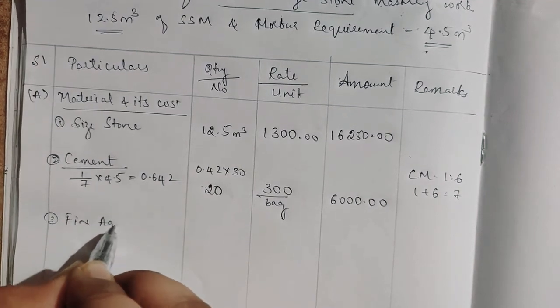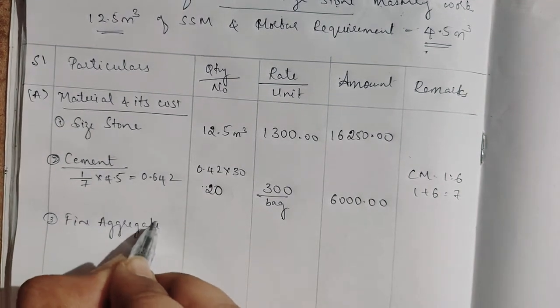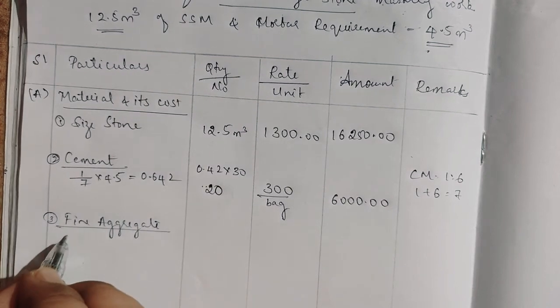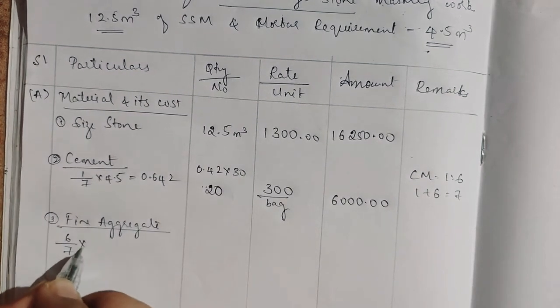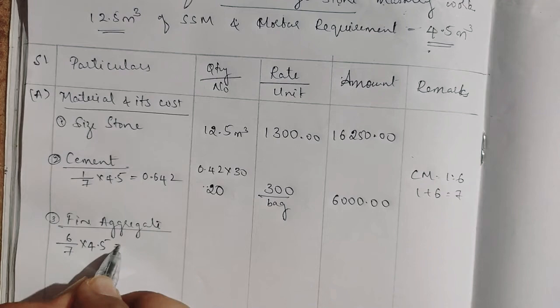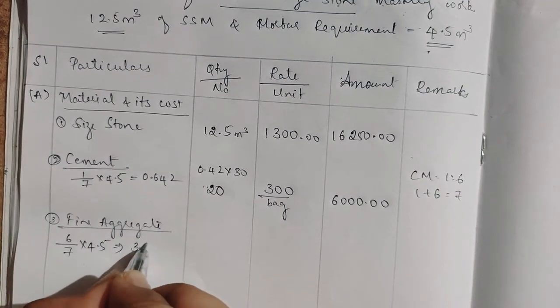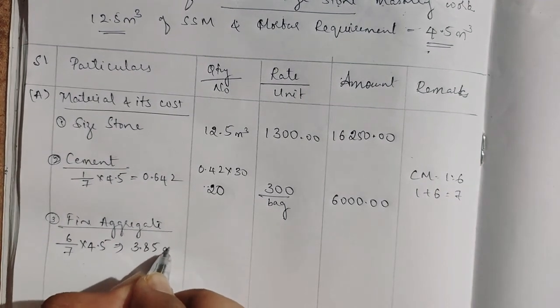Next item is fine aggregate: 6 by 7 into 4.5 is 3.85 meter cube.